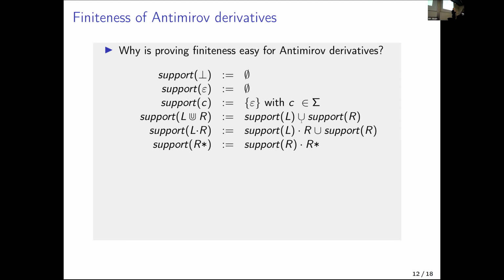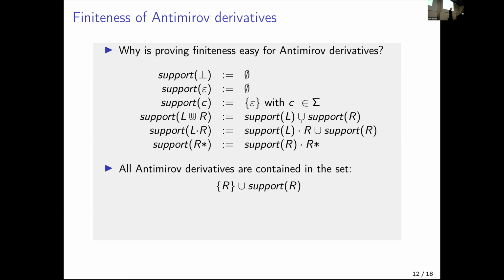So there will not be an element of the set which has union as the topmost operator. And indeed, the set of all Antimirov derivatives is contained in the support. So the proof of finiteness really reduces to proving finiteness of the support, which follows by induction on R. And notice that we're not doing any quotienting here because this ACI notion is built into the set representation.